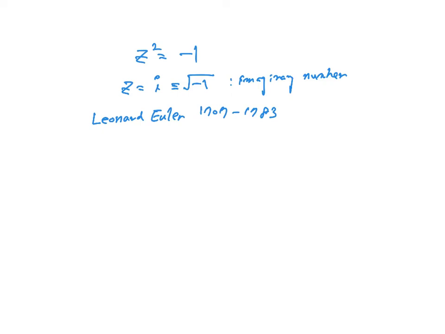Of course, you don't know, right? There was somebody already before him that knew about that. So it's called complex number.